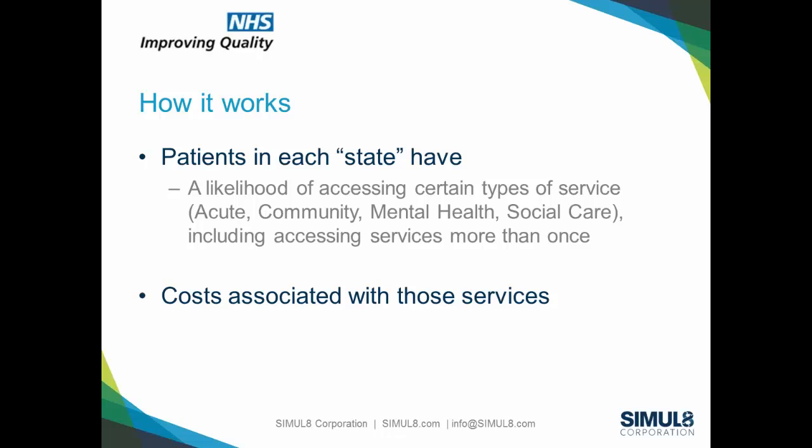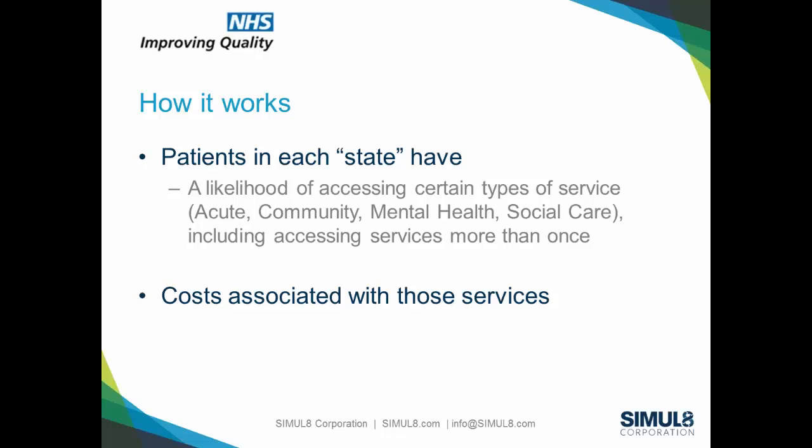So patients in each state have a likelihood of accessing types of services. So we've looked at all the services that a patient will be likely to have, so whether that's in the hospital, whether it's in the community, whether it's mental health services, or whether it's social care services. And we've also looked at their likelihood of accessing those services more than once.